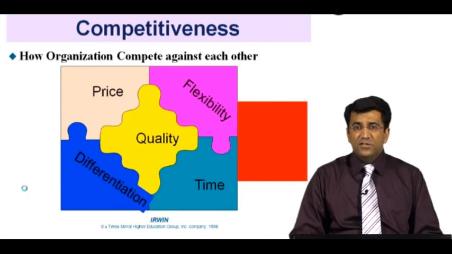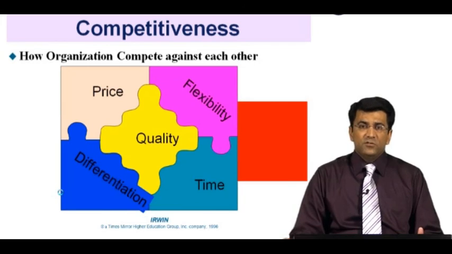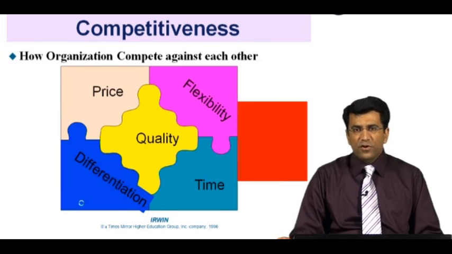Then again, some organizations can sacrifice their profit margins, and they can offer the products and services to the customers at a lower price. So due to any of these advantages, if they are able to provide the products and services to their customers at an affordable rate with respect to the competitors, then that will be a very important competitive advantage for the organizations. So this is a very important aspect about price.